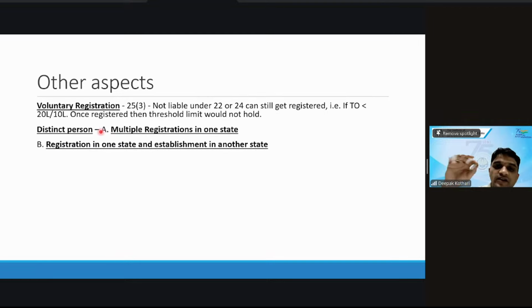And second is you have registration in one state and establishment in another state. They are also distinct persons. The other state one may be registered or unregistered, it doesn't matter. You are registered in one state and in another state you have a branch. Then they are also called distinct persons.